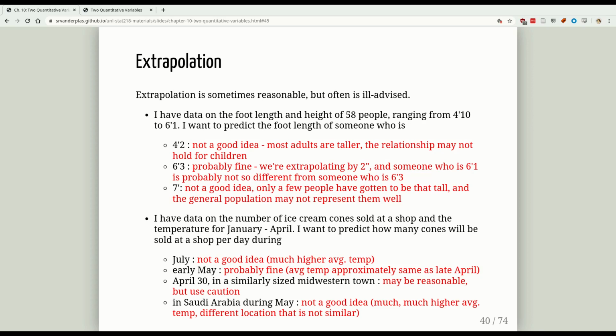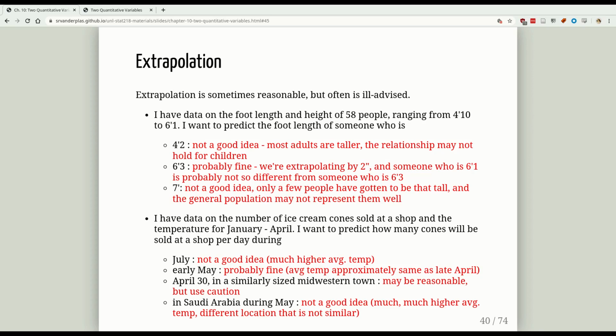The relationship that we have for adults may not hold for children, who would normally potentially be at heights like that. And even if we had an adult that was at that height, they might have some sort of medical condition that would also affect foot length, so our data might not generalize well to that particular prediction anyway. So I would say that 4 feet 2 inches is probably not something that we really want to predict.